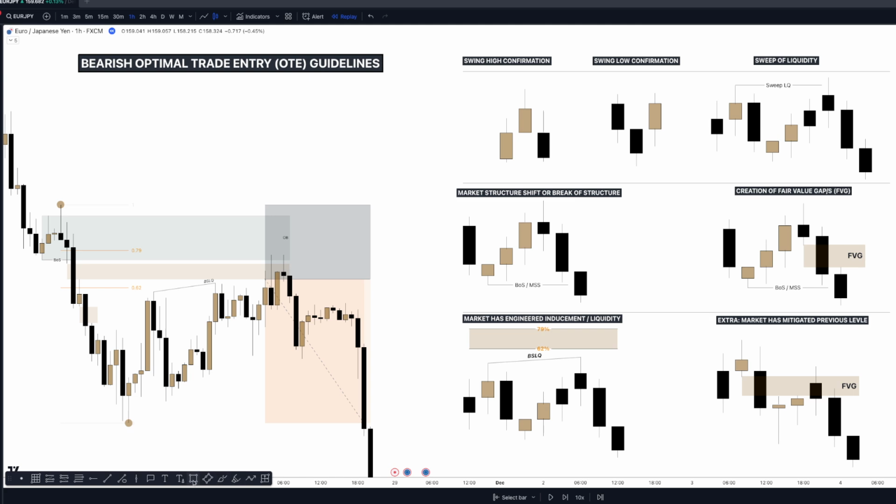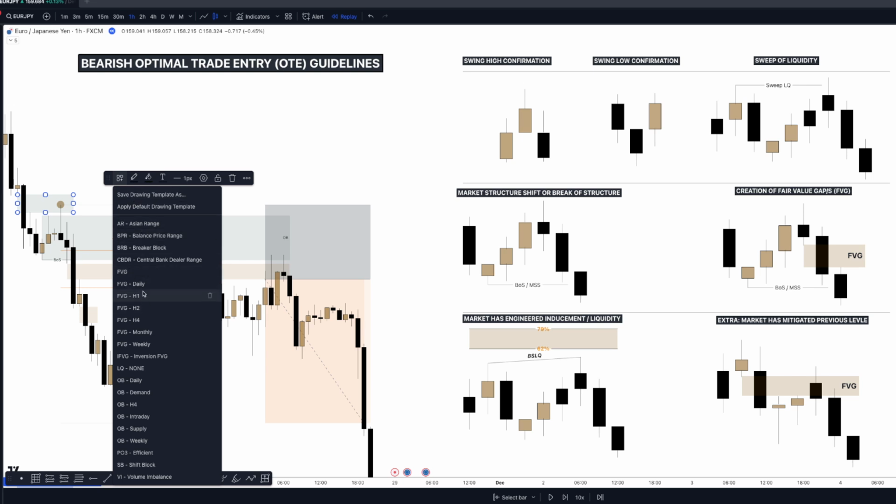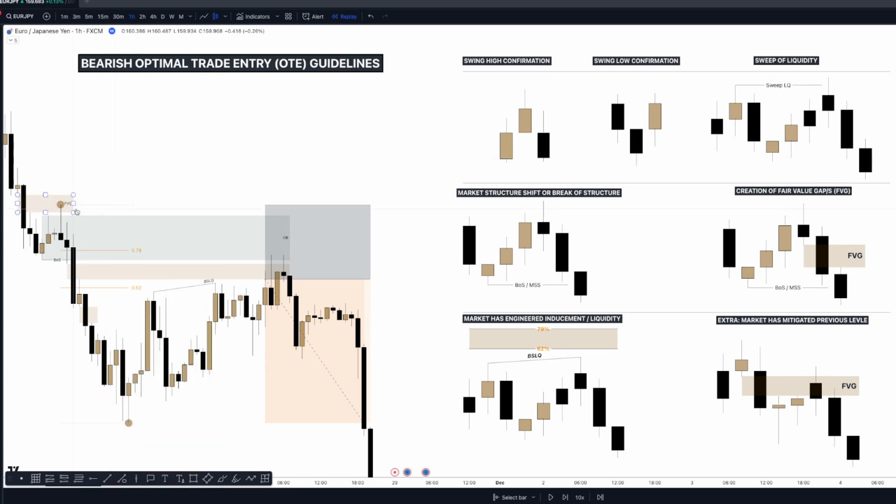Now, an added bonus is, again, market won't always sweep. This will come with time as you gain experience in the market, you want to see market either sweep liquidity or mitigate a previous level. This just so happens to be that market has done both. But not all the time is market going to present a swing high inducement before this level.